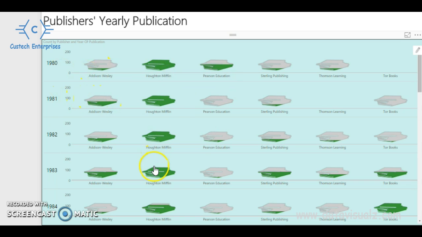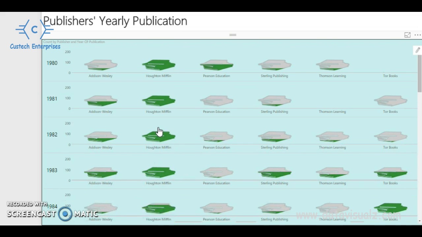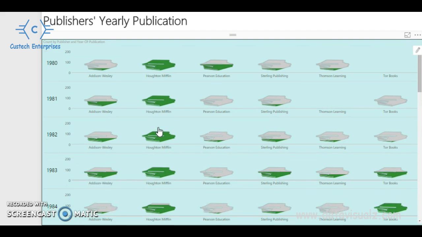Now it's looking much more meaningful. I can see Houghton Mifflin is clearly giving more publications in 1980, 1981, and it's continued. So for how long does it continue? Each year I have to scroll down, but that's getting difficult. There still exist a lot of possibilities for improvement.